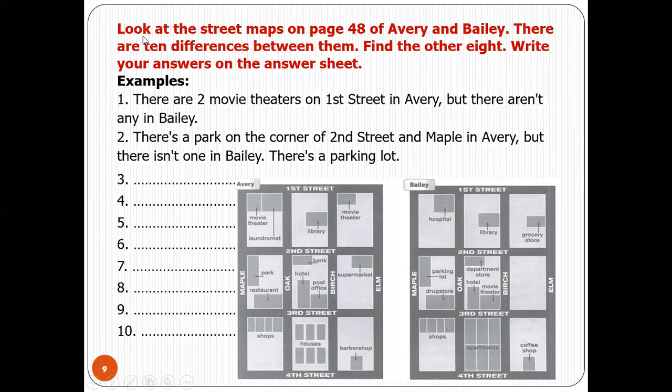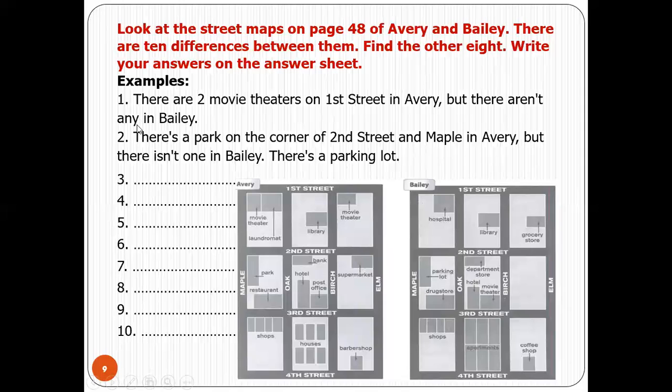And next, look at the street maps on page 48 of Avery and Ballet. You can look at this page in your textbook. There are 10 differences between them. Find the other ones. Write your answers on the answer sheet.